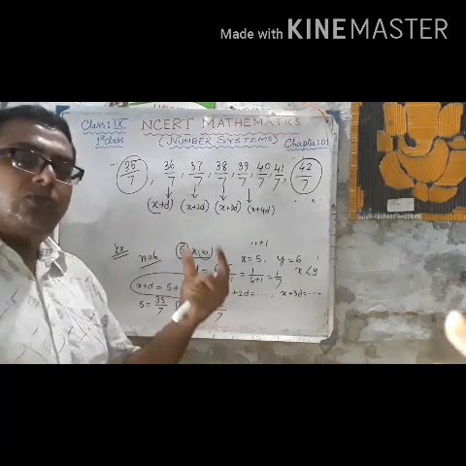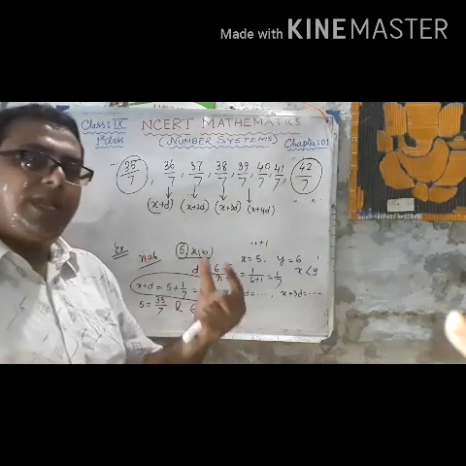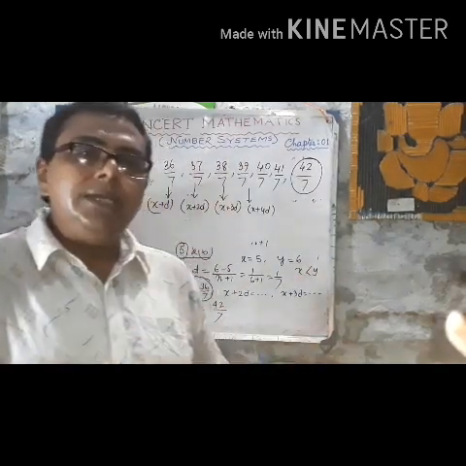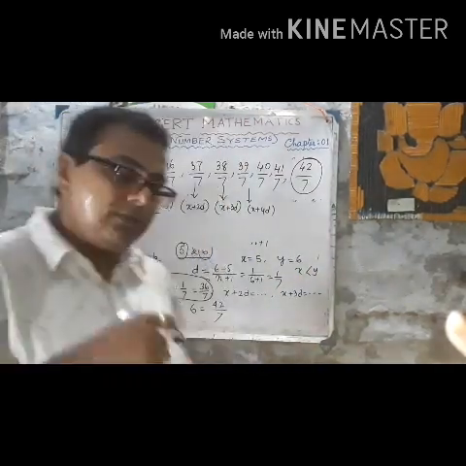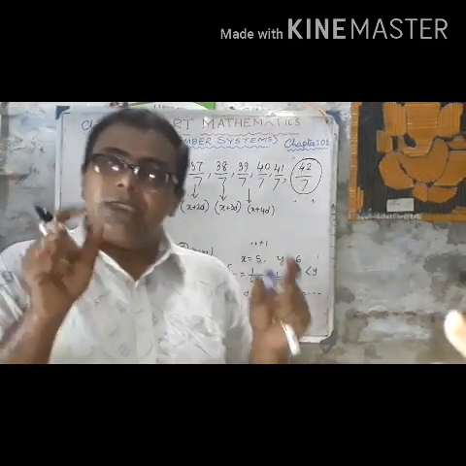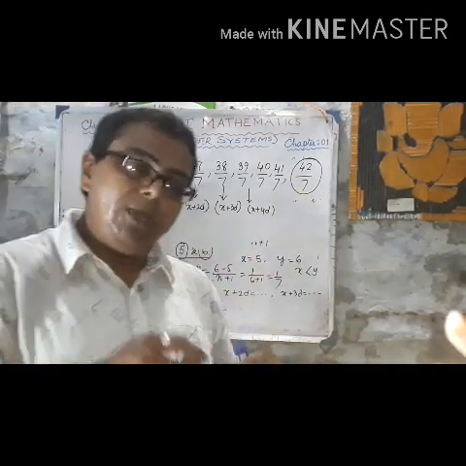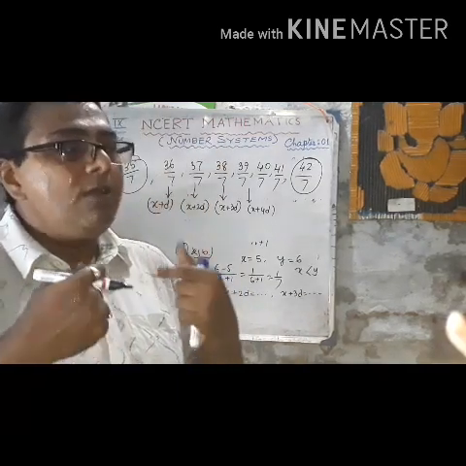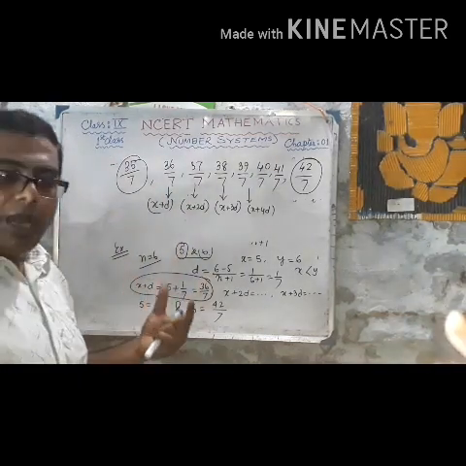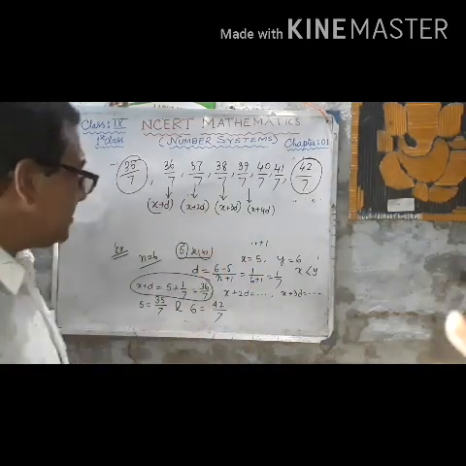If x and y are two rational numbers, while x is less than y, then x plus d, x plus 2d, x plus 3d and x plus nd will be the rational numbers between x and y, where d is (y minus x) by (n plus 1). This is the process. And there is another process where, if r and s are two rational numbers, then (r plus s) by 2 will be a rational number between them, and the process is repeated for the next cases. So this is the discussion about plotting rational numbers between two given rational numbers.